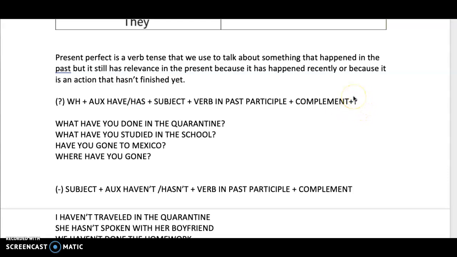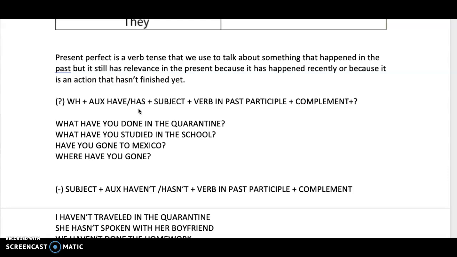Okay, very good. One example for this interrogative sentence is: What have you done in the quarantine? ¿Qué has hecho en la cuarentena? So if you pay attention, the auxiliary have and the auxiliary has is like if you're speaking in Spanish, in Spanish castellano.